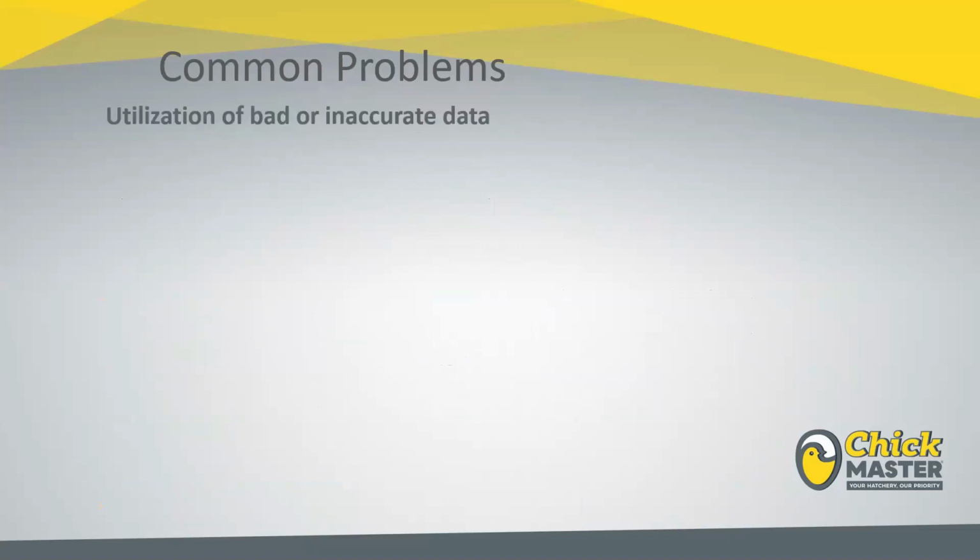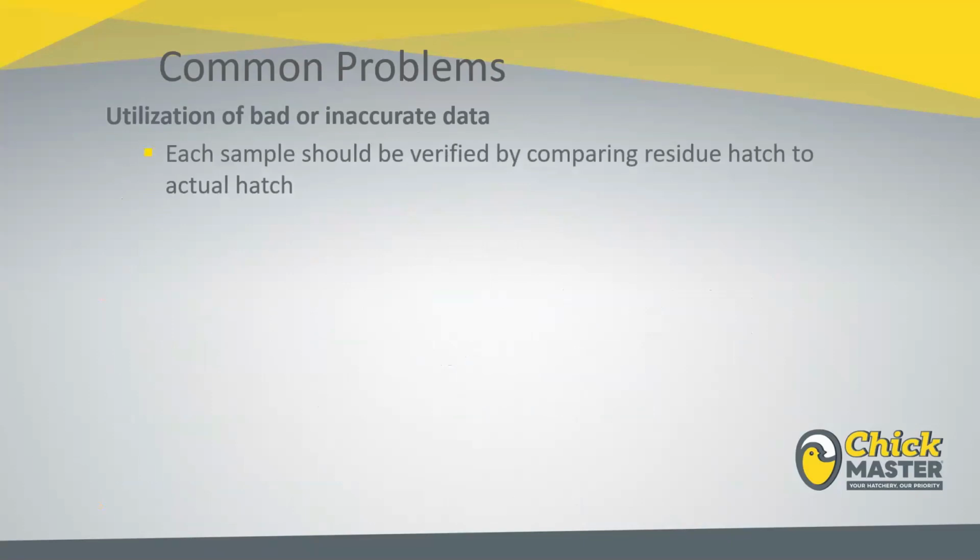Utilization of bad or inaccurate data. Now, what I mean by that is each sample should be verified by comparing residue hatch to actual hatch. I'll show you a sample of that shortly, but once I do a residue breakout, I have enough information simply because I have a total count on how many remaining eggs were there that did not turn into a viable chick, and I can simply calculate what is referred to as residue hatch.